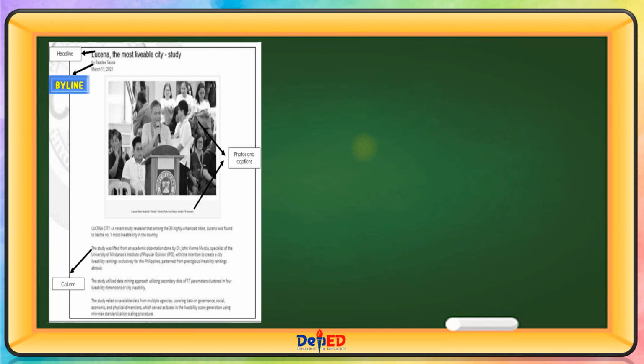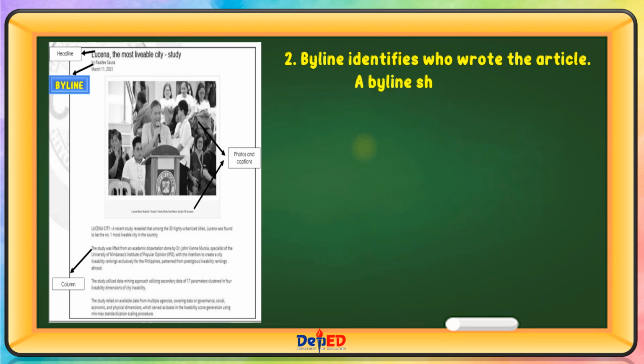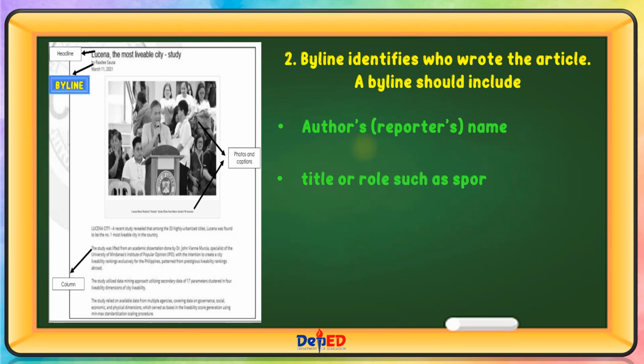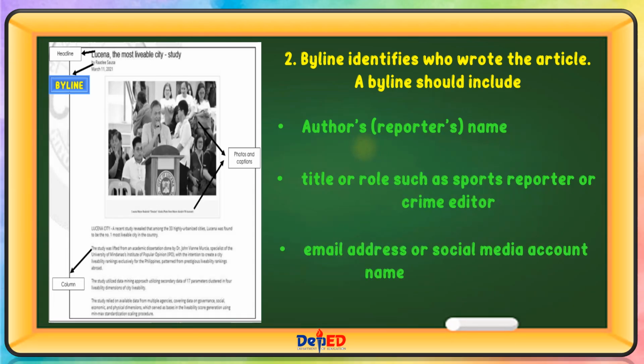Byline. Byline identifies who wrote the article. A byline should include author's or reporter's name, title or role such as sports reporter or crime editor, email address or social media account name if appropriate.